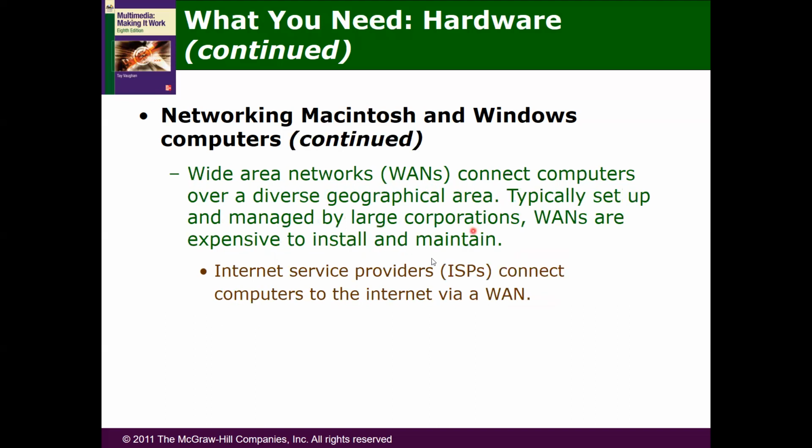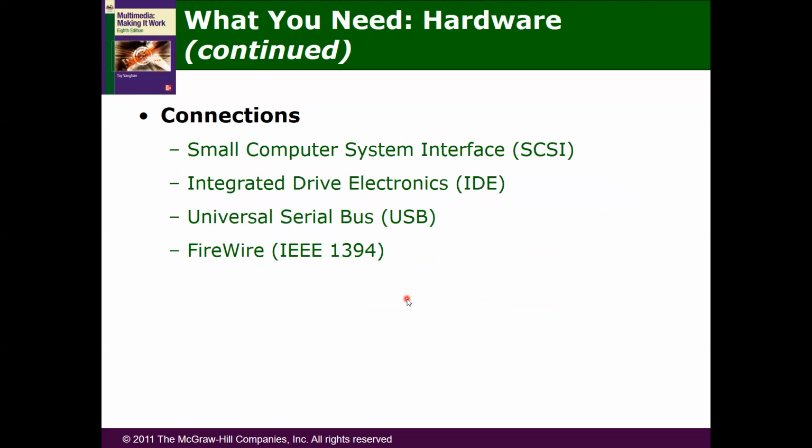Now, wide area networks, I think I've already explained this. Now, connections. There are different types of hardware connections that you could set up in your platforms. When I say platforms, there are two platforms, Macintosh and Windows. Now, you have small computer system interface, that is SCSI, and then you have IDE, integrated drive electronics.